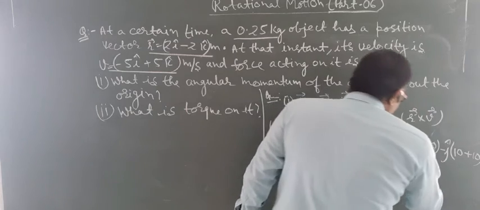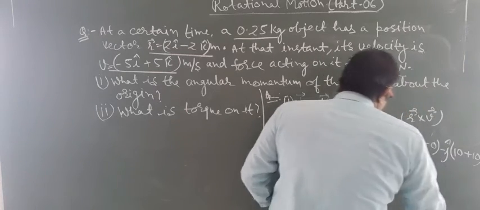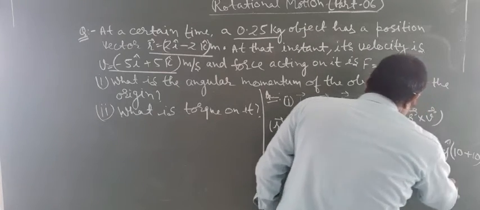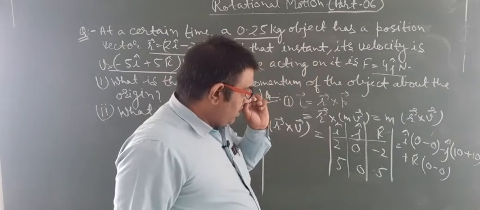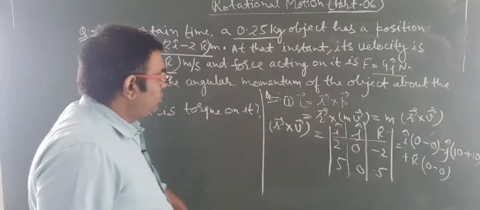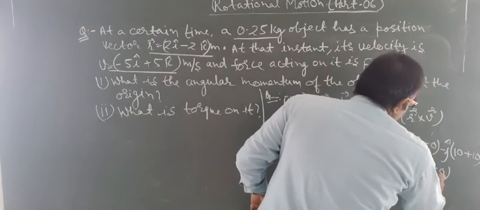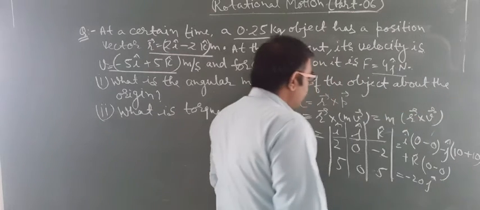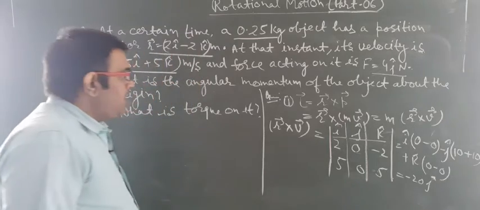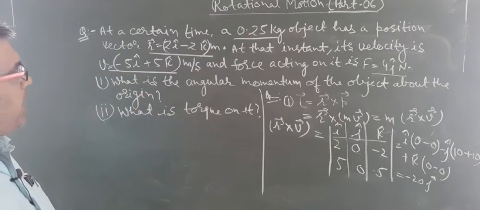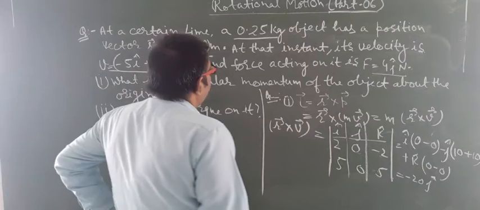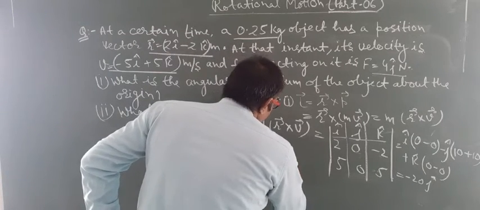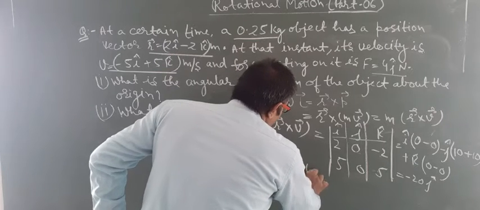Then k cap will be 0 minus 0, so 0. So it will be equal to minus 20 j cap, and then we have to multiply with mass m. For angular momentum we have to multiply m r cross v.